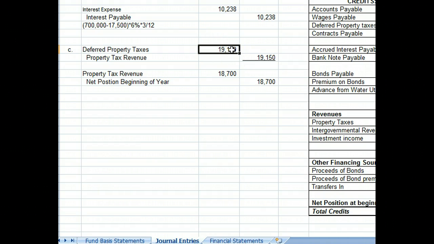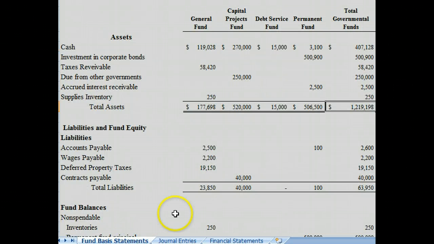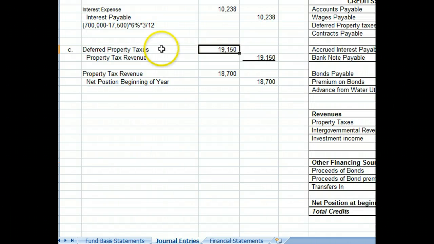Real quickly, the 19,150, let me show you. If you switch over to the fund basis financial statements, you'll see deferred property taxes in the general fund as a liability at the end of the year. So we want to show that as a GASB accrual adjustment. We're debiting that liability and bringing that in as revenue, and we're also offsetting the net position at the beginning of the year for the prior year.